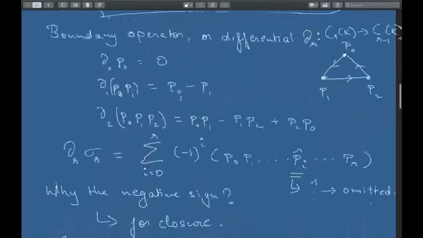essentially we will look at the differential operator. This is not the boundary operator, sorry. This is the differential operator, which basically takes you from a simplicial complex of r dimensions to a complex of r minus 1 dimension.